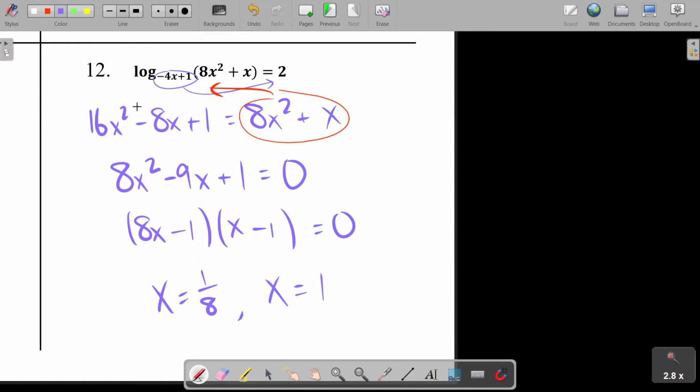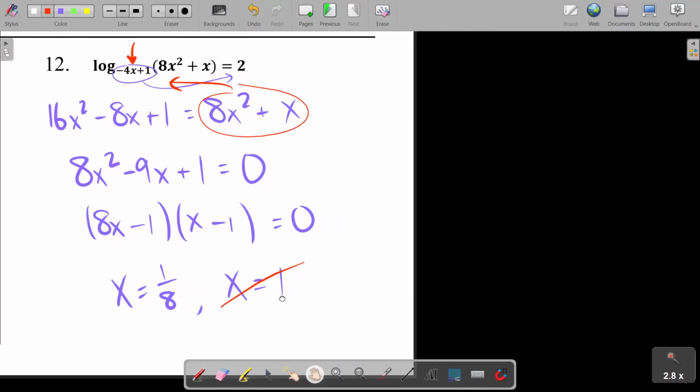If you put in positive 1, I'll do the little red arrow again, way up here at the top of the screen. If you put 1 there, you're obviously in trouble because -4 times 1 is -4, and -4 plus 1 is -3. So boom, busted. 1/8 works. And I'll show you the math of it over here off to the side.